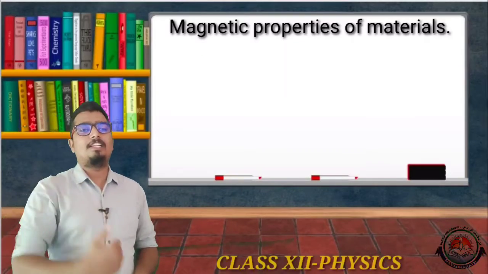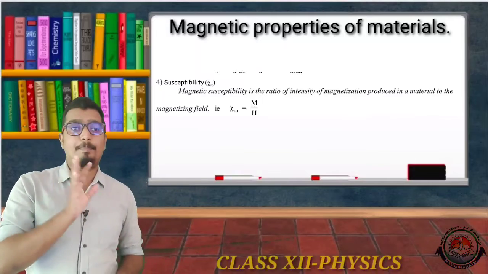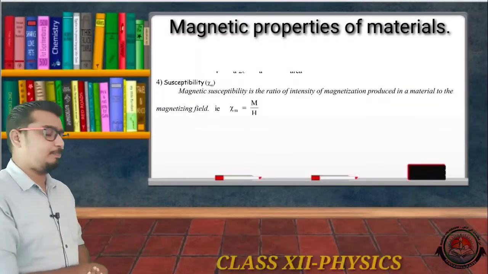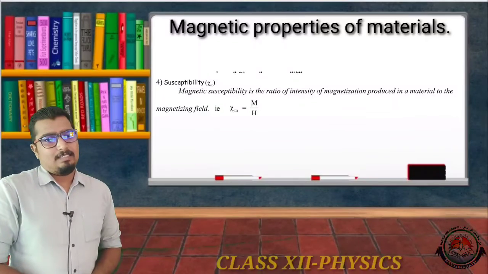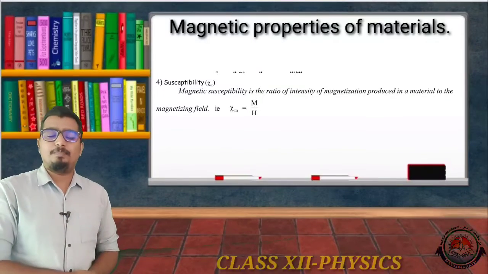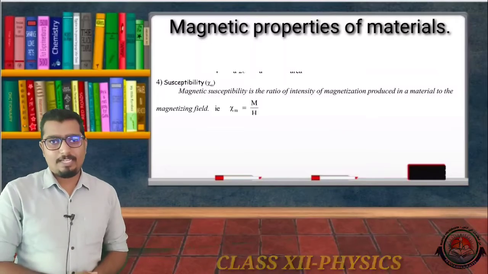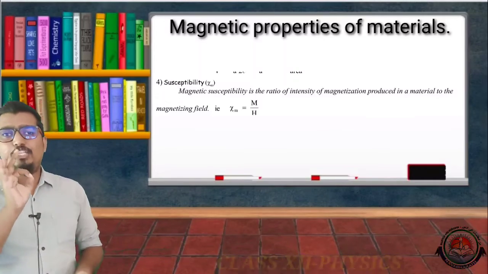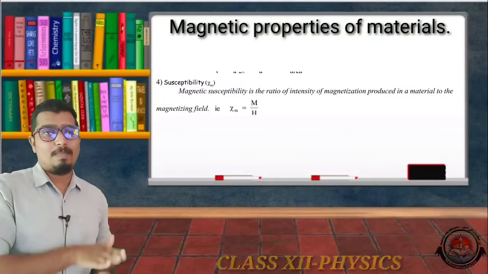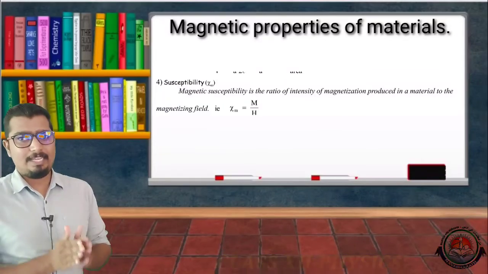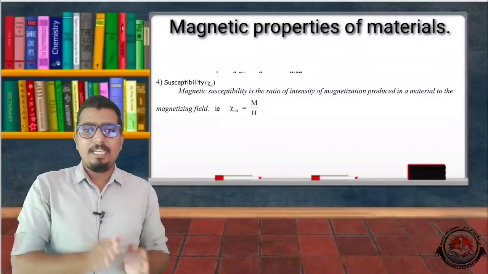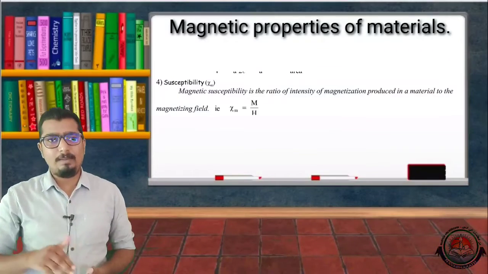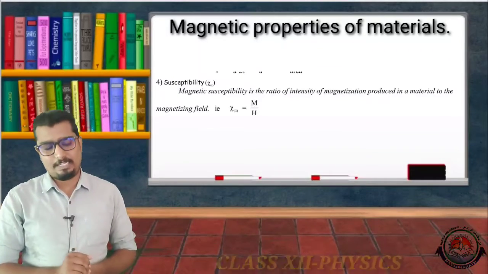Then the last property, that is susceptibility. Listen, the magnetic susceptibility is defined as the ratio of intensity of magnetization produced in a material to the magnetizing field.